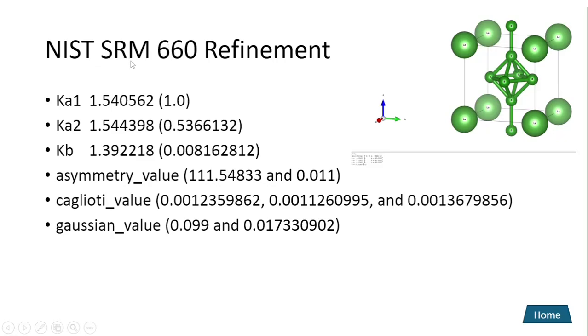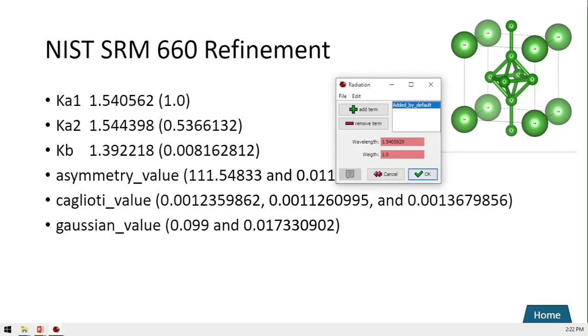This is for the next video, but I will only use the K alpha 1, K alpha 2, K beta, asymmetric value, Gagliotti value, Gaussian value. So I will go back to mount.